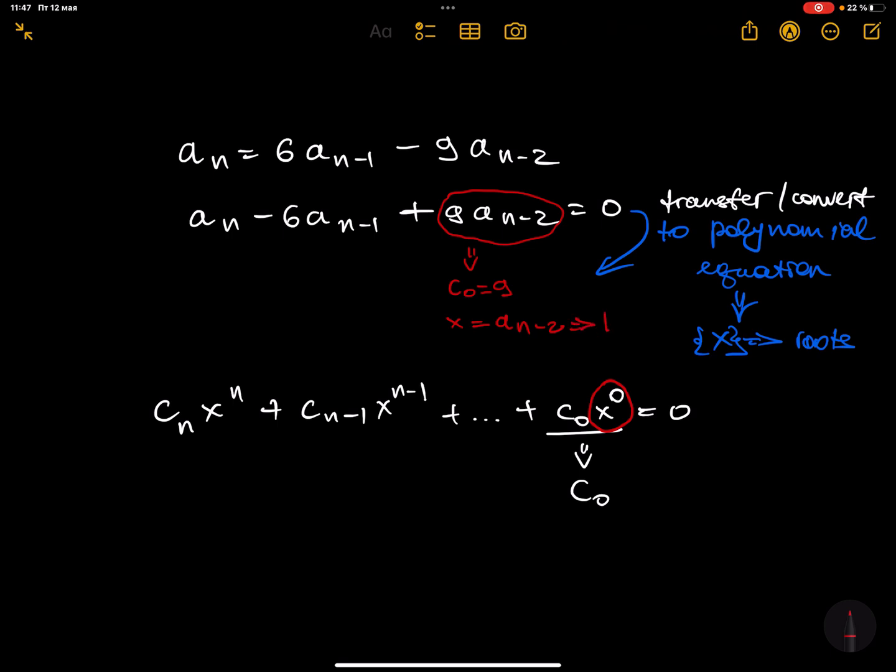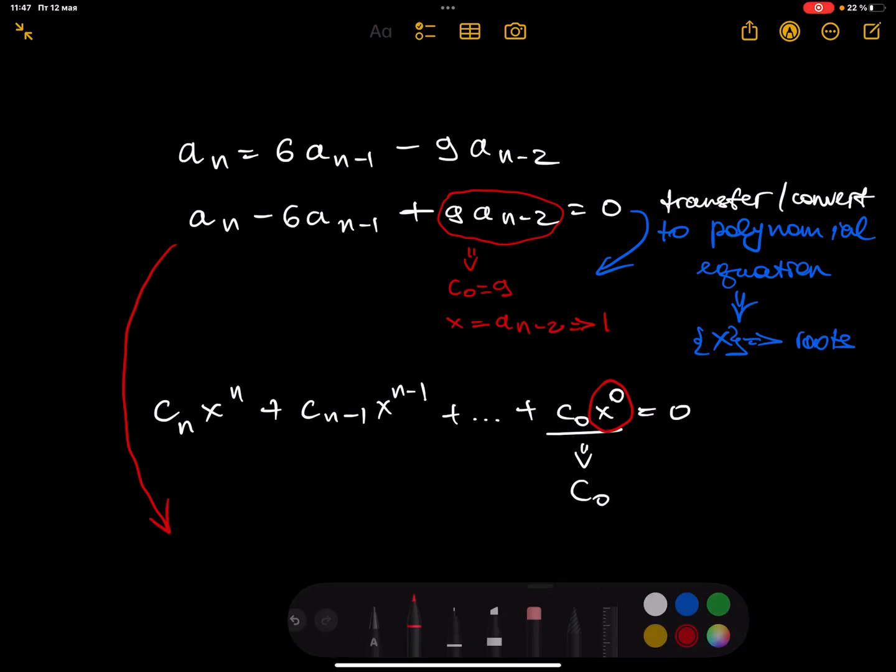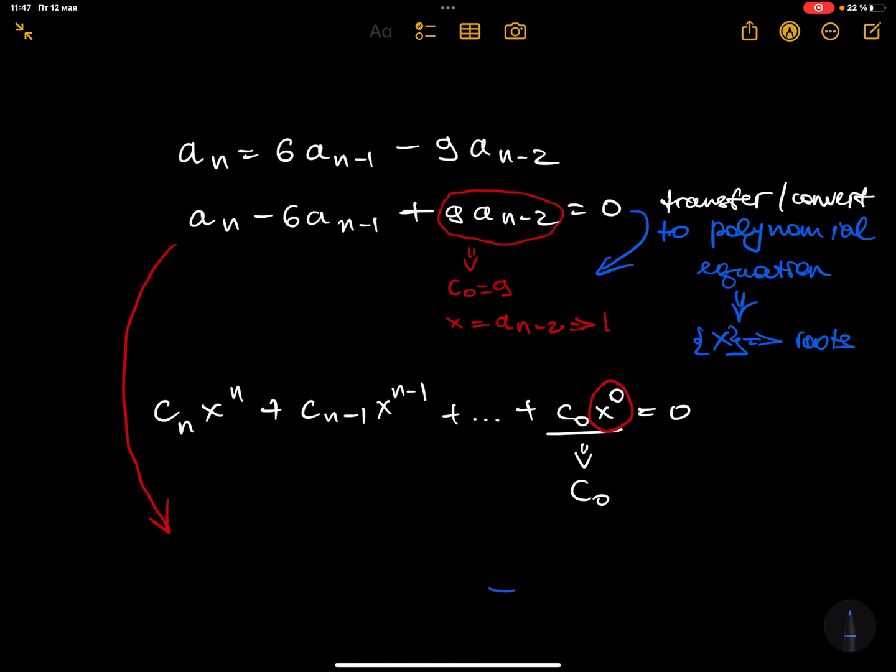So while converting the recurrence relation to a polynomial equation, firstly, please identify what's gonna be your C0. In this case it's gonna be 9, because 9 is the coefficient of the element with the smallest coefficient. So while converting this to the polynomial function, I'm gonna write here just plus 9, not this one.